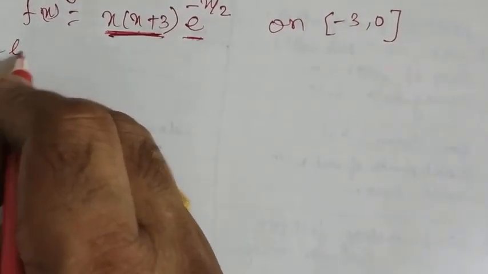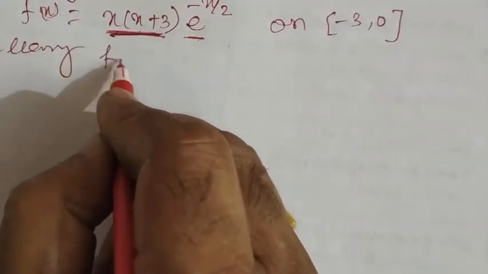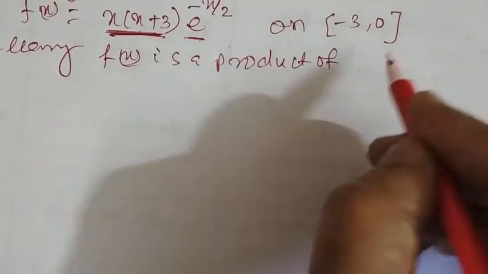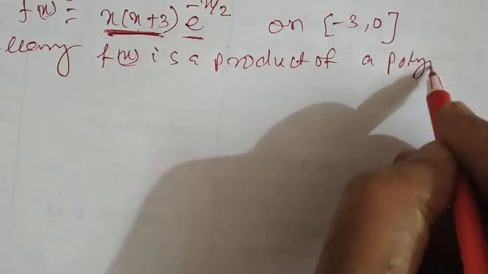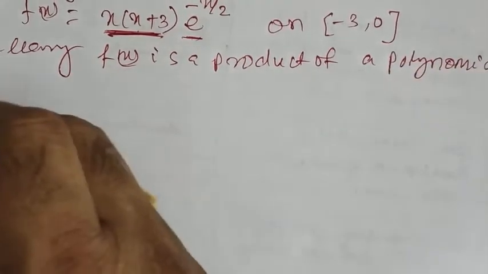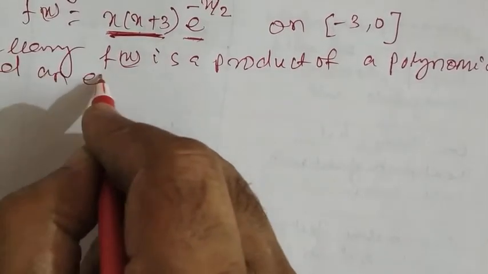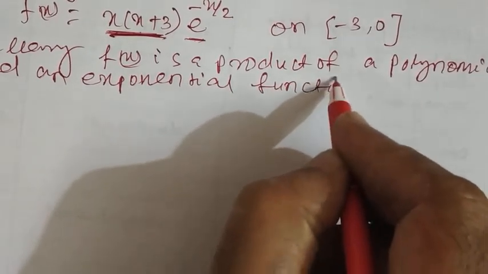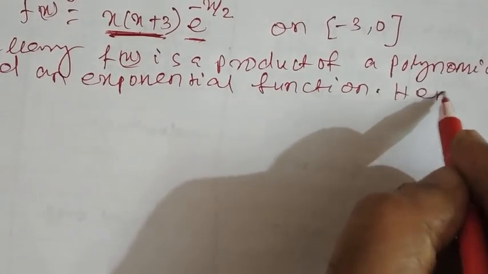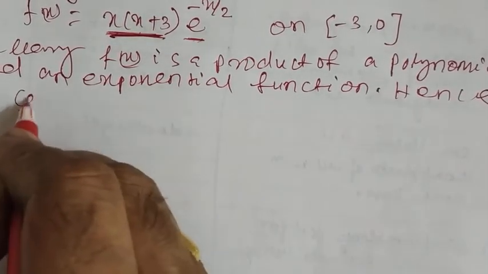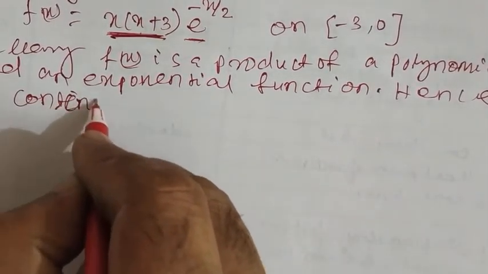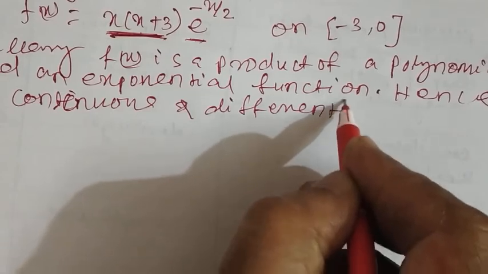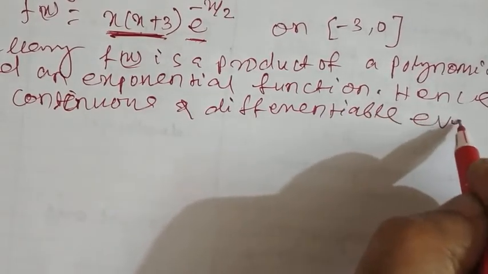Now clearly f(x) is a product of a polynomial and an exponential function. Hence, f is continuous and differentiable everywhere.